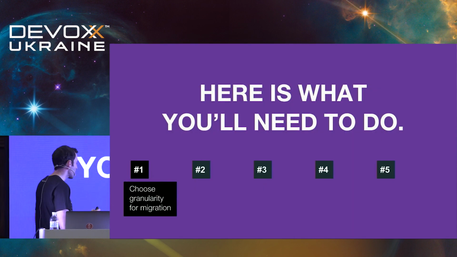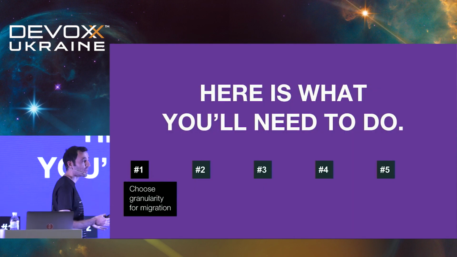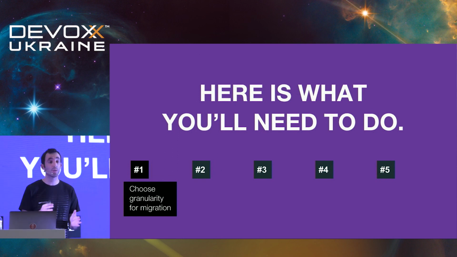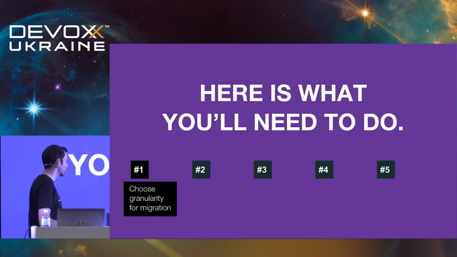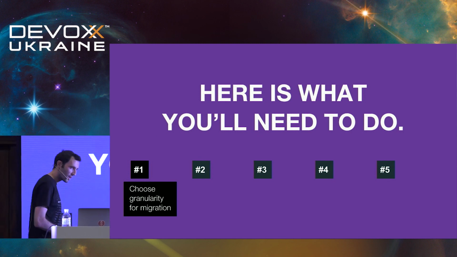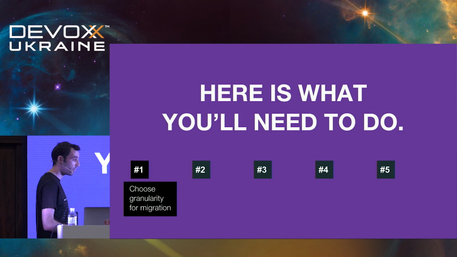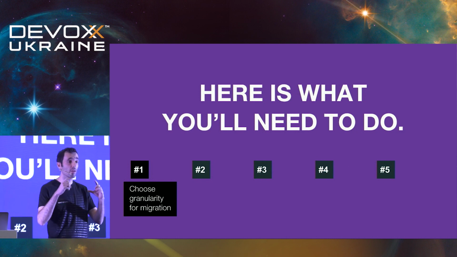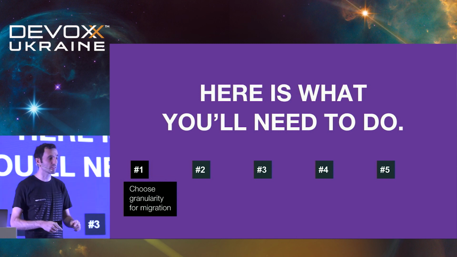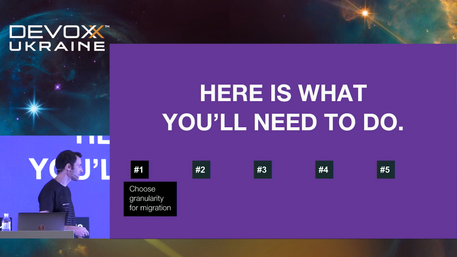Okay, so now the main section here is 5 areas that you need to decide on and think about when you want to do a switch like this. So can everyone see this? I hope. Number 1 is you need to think about the granularity of your dependencies, of your build units.